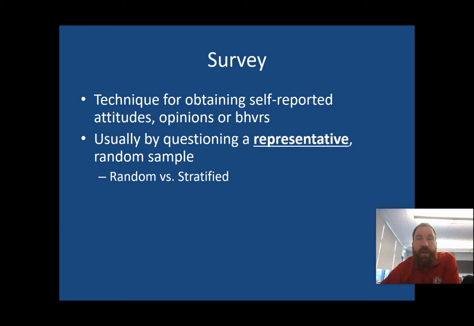Depending on what population you're trying to study. So, which group are you actually trying to understand the behavior for, the self reported behavior or attitudes for, is going to dictate your population. And your survey size is going to depend on your population, right? So, depending on what your population is, you need to have a certain percentage fill out that survey.